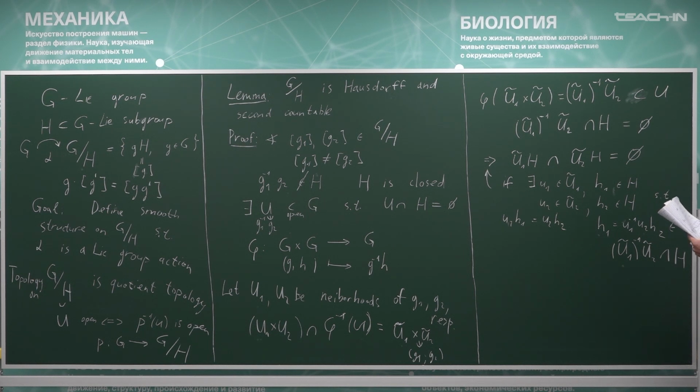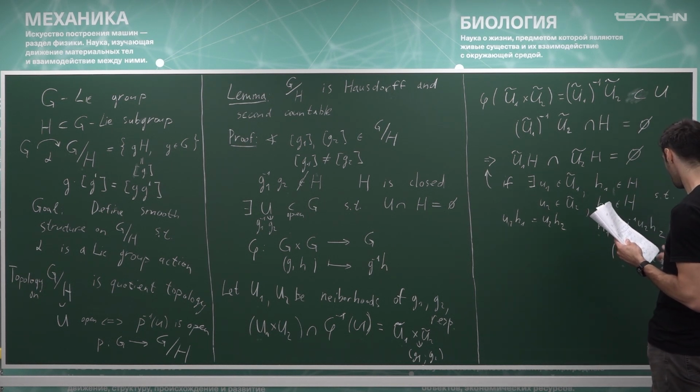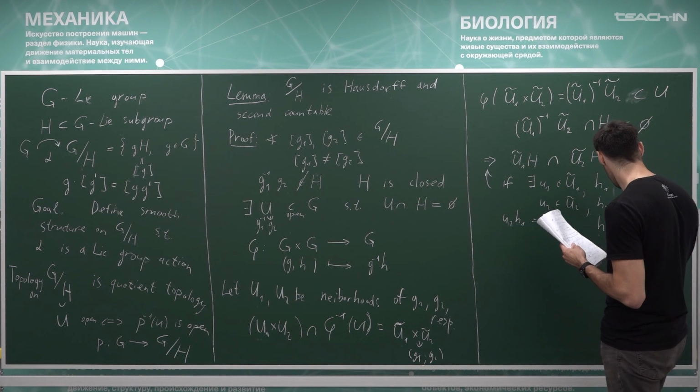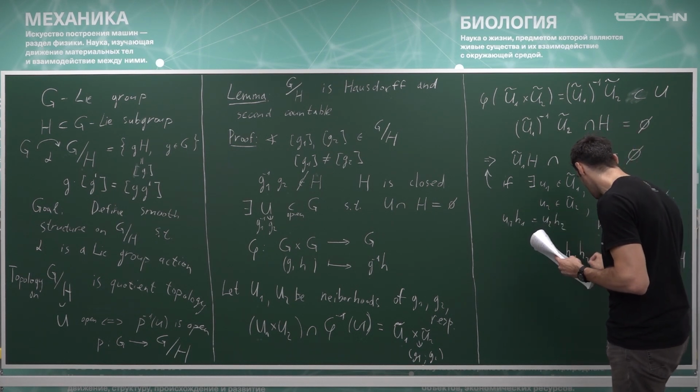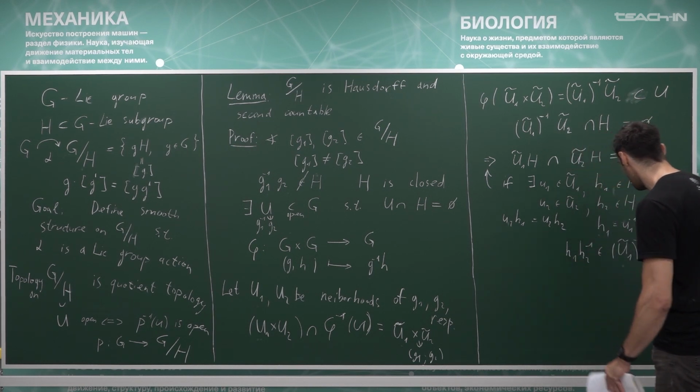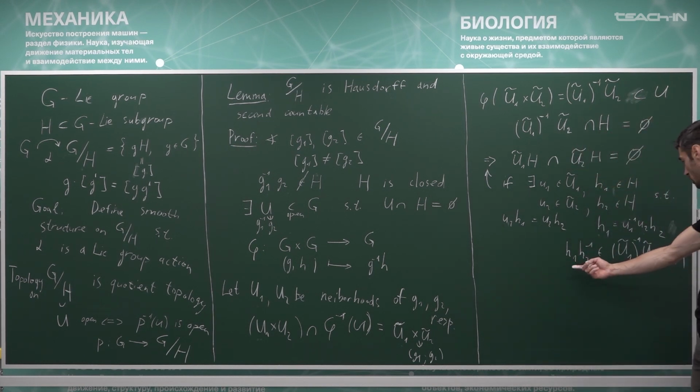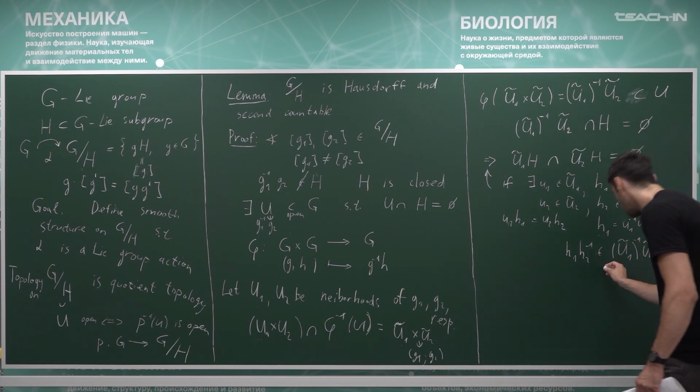Sorry, not this. I can actually move h2 to the right. I have h1 h2 inverse is in here. But this is a contradiction. On one hand it is in here because it's u1 inverse u2. On the other hand, it's inside h, of course, because it's an element of h. But this is a contradiction.